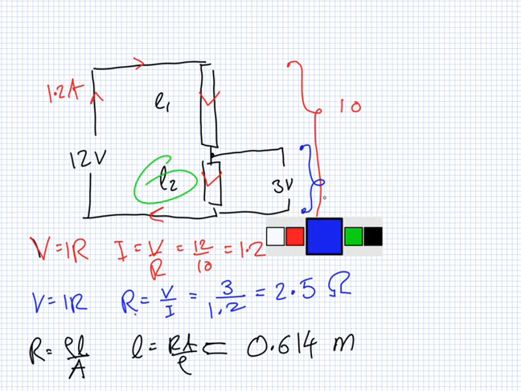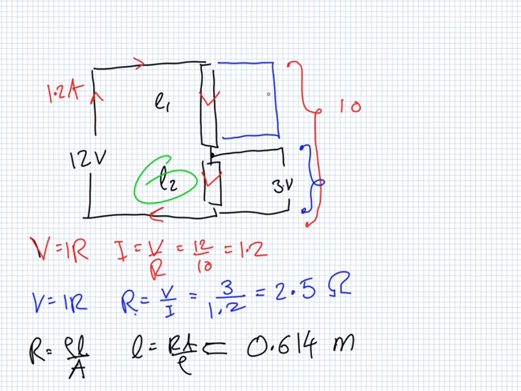Now, there is another way to do this one. In fact, for these circuits, if this is 3 volts, then you know that here this should be 9 volts. So you can use some basic logic here. The voltage here is 3 times bigger than the voltage here. Therefore, the resistance here is 3 times bigger than the resistance here.